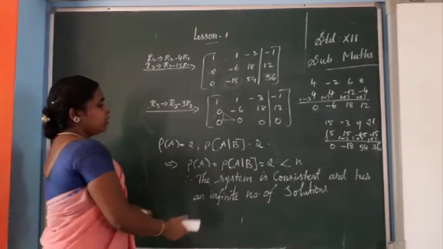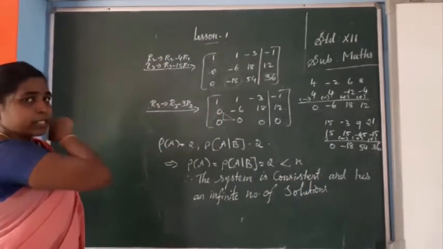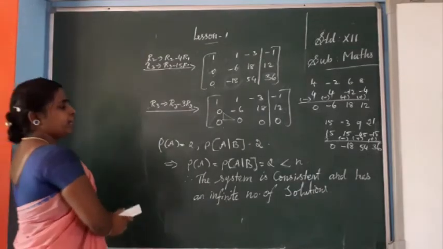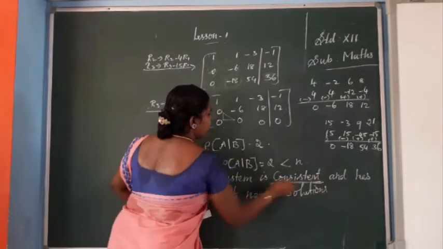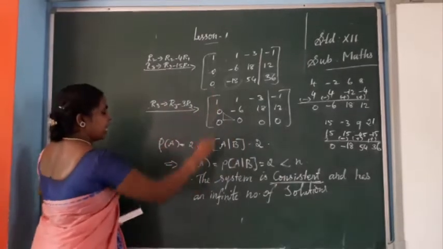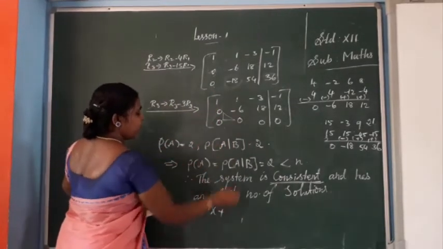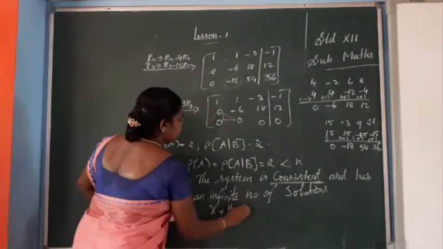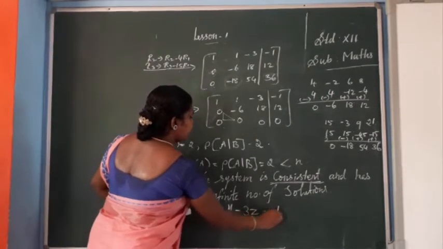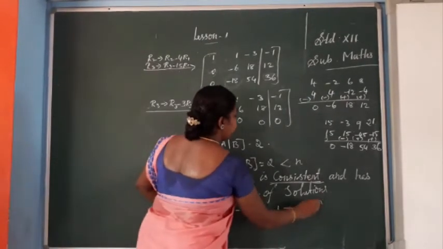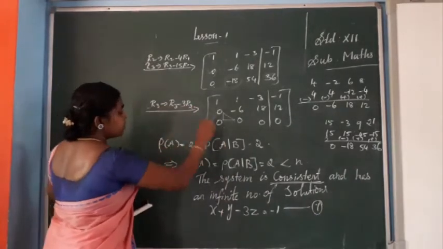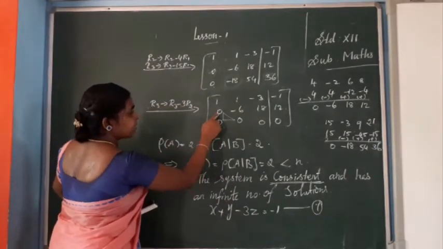So after writing this, already in your question they ask you to solve. If it is consistent, you want to solve, okay? Now write the equation. X plus Y minus 3z equal to minus 1. This is equation 1. Then second one, 0 means x, you leave that.